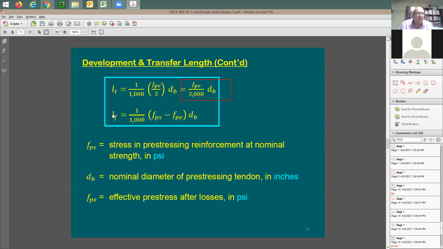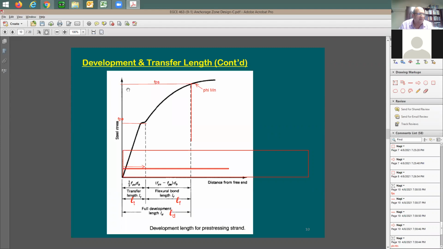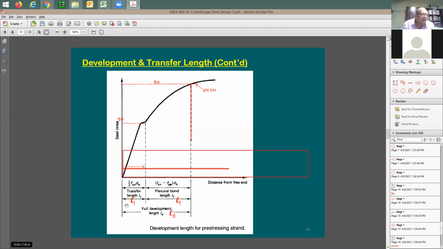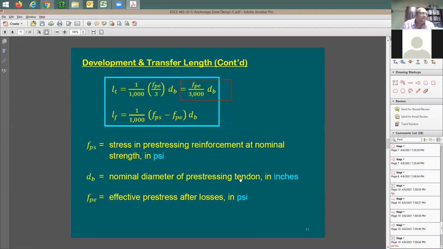For the flexure development length, it is going to be equal to 1 divided by 1,000 to put it in ksi, and then fps minus fpe, which means the difference between the two levels, divided by 1,000 to put it in ksi, and then you multiply here by db. It's going to be that simple. So you have a couple of equations here to figure out Lt and Lf, and just add them to figure out the full development length for the pretension beam.